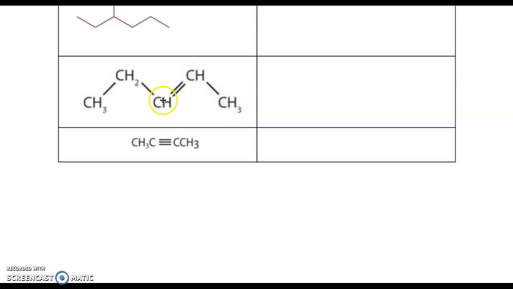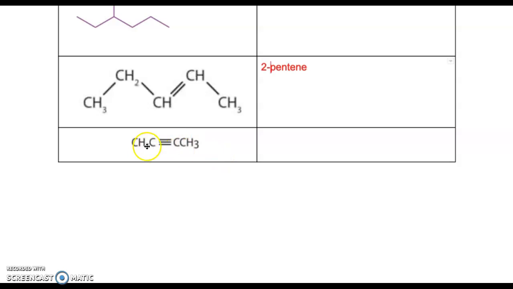So 1, 2, 3, 4, 5. A double bond means it's pentene, and then you specify which carbon it is located at. 1, 2. It is located between 2 and 3, but you write the smaller number, 2. If we wrote it from this side, it would be between 3 and 4, right? And then you would write 3, but if you had more carbons.